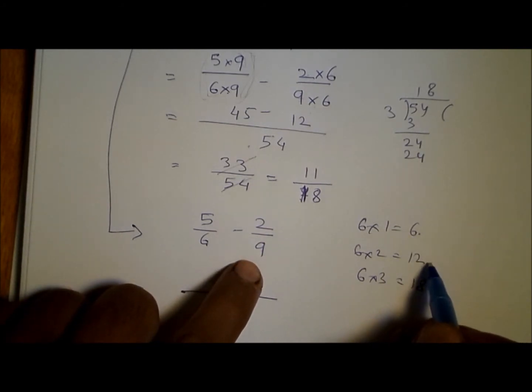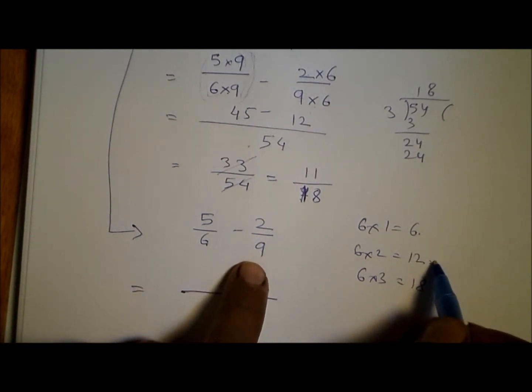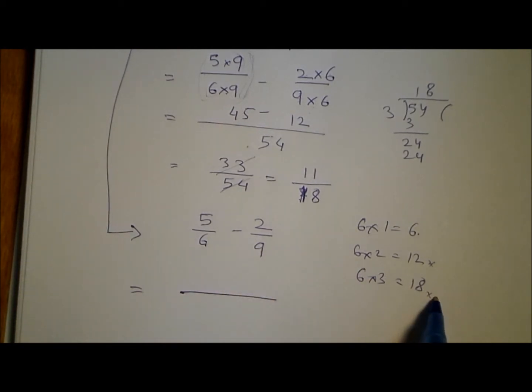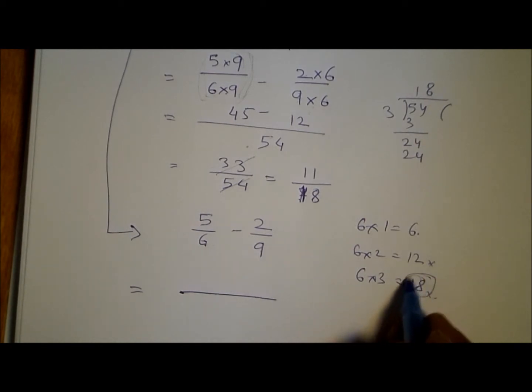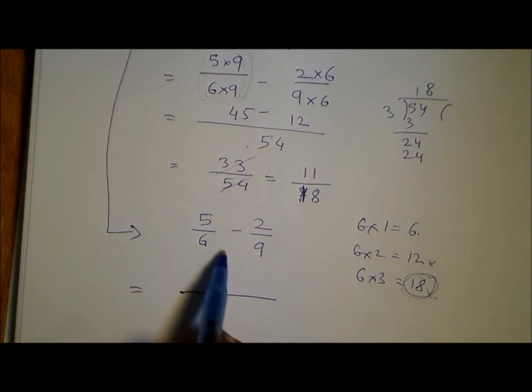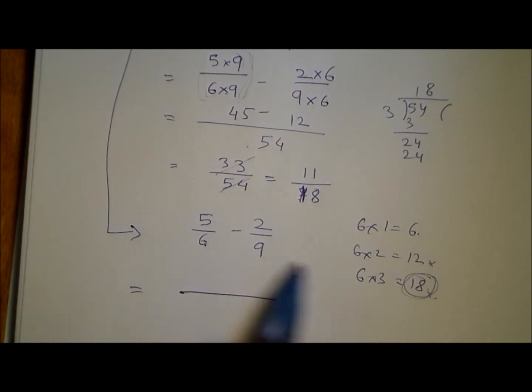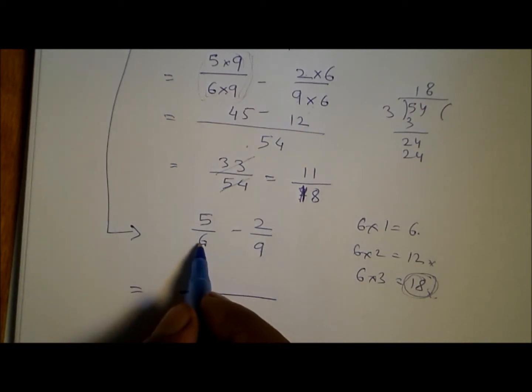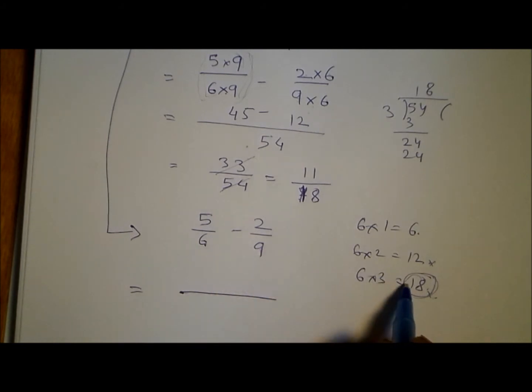No. Can 12 be divided by 9? No. Can 18 be divided by 9? Yes, 18 can be divided by 9, and that is the number we want to get hold of. 18 can be divided by 6, and 18 can also be divided by 9. So 18 is a number which can be divided by 6 and by 9.